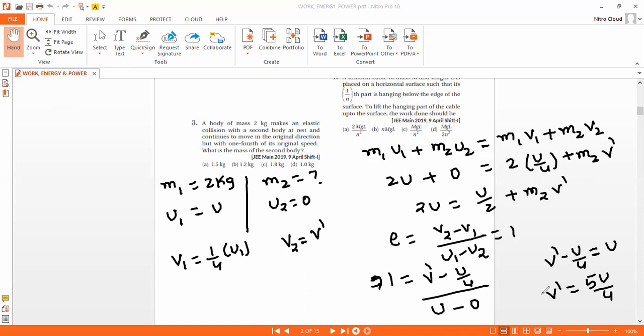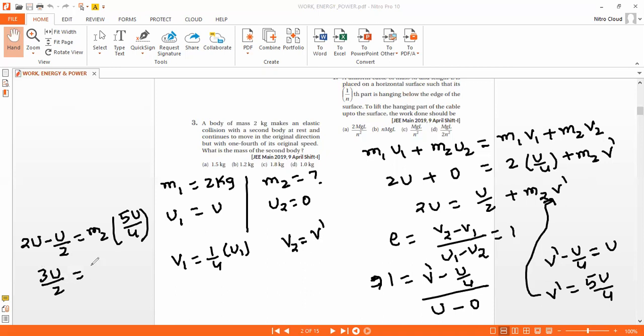Substitute here: 2U minus U by 2 is equal to M2 times 5U by 4. So 3U by 2 is equal to M2 times 5U by 4. So M2 is equal to 6 by 5, that is 1.2 kg. So it is option B, right?